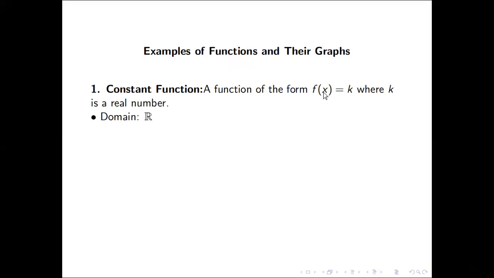So the domain is all real numbers. What does this mean? For example, if x is 1, the value of f of 1 is k. If x is 0, f of 0 is k, f of negative 1 is k, f of any real number is k.